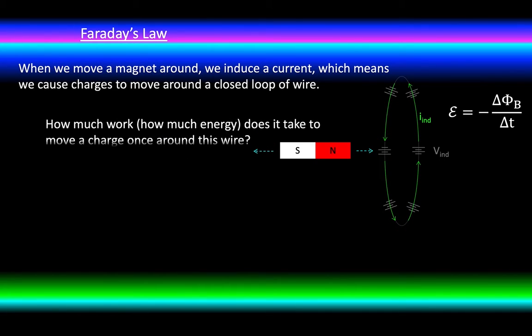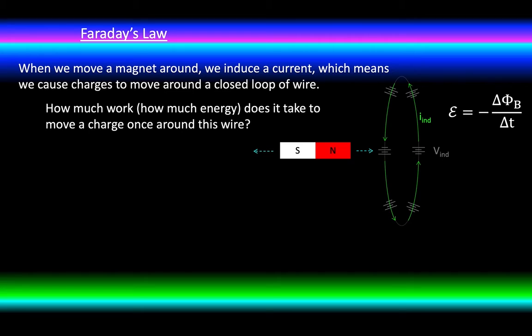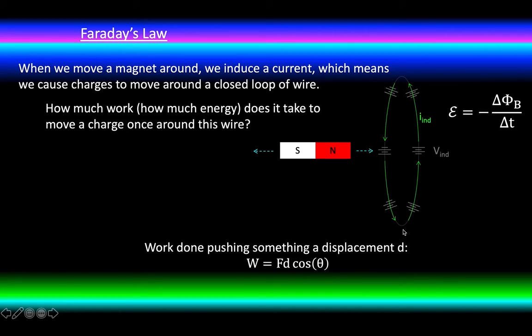So we could ask the question, how much work, or in other words, how much energy would it take to move a charge once around the loop of wire? So suppose we have a charge at the bottom of the loop. How much work do I have to do to get that charge to make one complete circuit around the wire? Well, we said the work done pushing something through a displacement is F D cosine theta. This was an equation we worked with a lot in the fall semester.